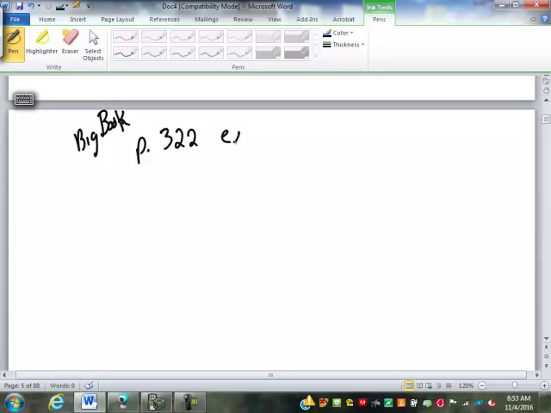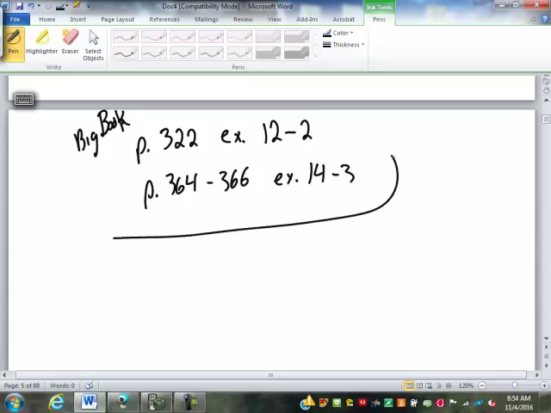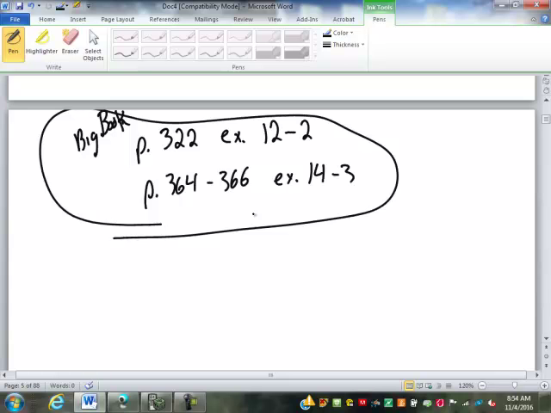Page 322, exercise 12-2, and page 364 through 366, exercise 14-3. So you've got the last 25 minutes or so. If you want to keep working on your test, you can. Or if you want to get started on the homework, go for it.